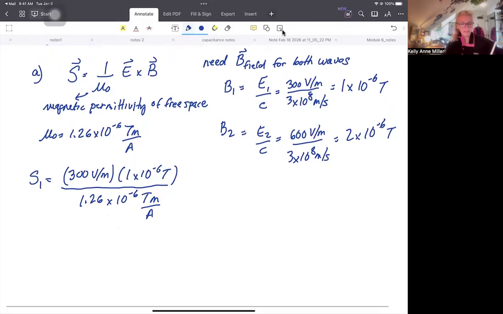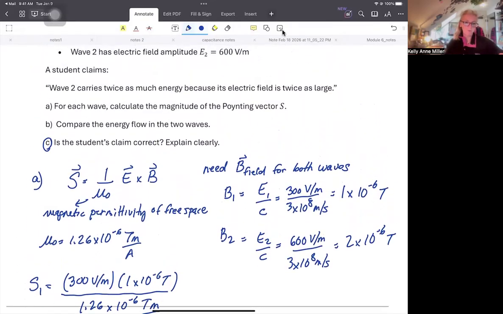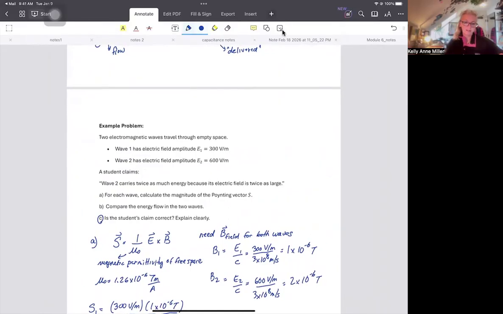Okay, so that's going to give me 238 watts per meter squared.